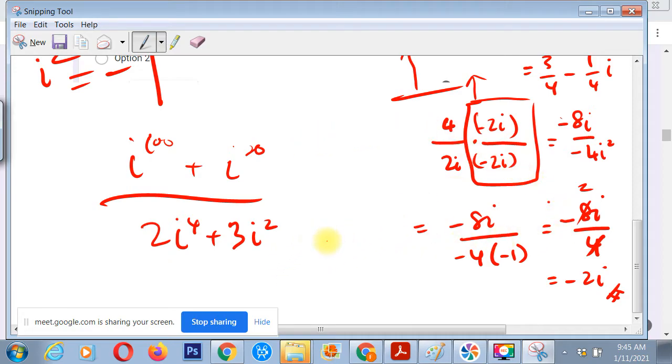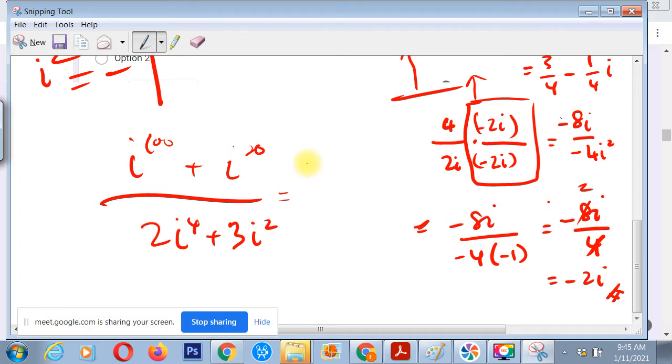Yes, simplify. So you no need to conjugate first. First, the idea that is always in your mind: what is the problem here? You do not know if this involves i, or involves i in terms of a plus bi? No, we cannot see here. So first we simplify this equation. If it is a real number here, fine, but if it is a complex number here, what should you do? You should conjugate. So simplify.